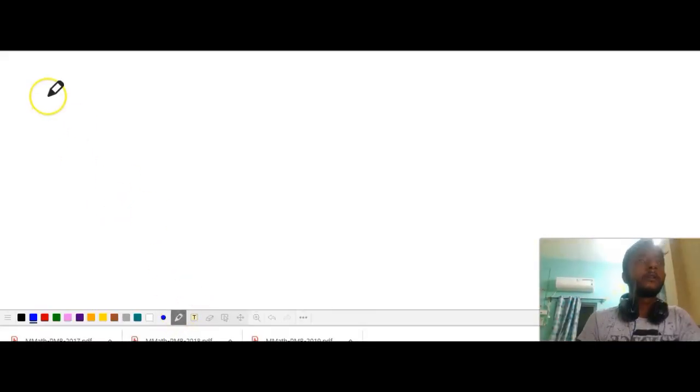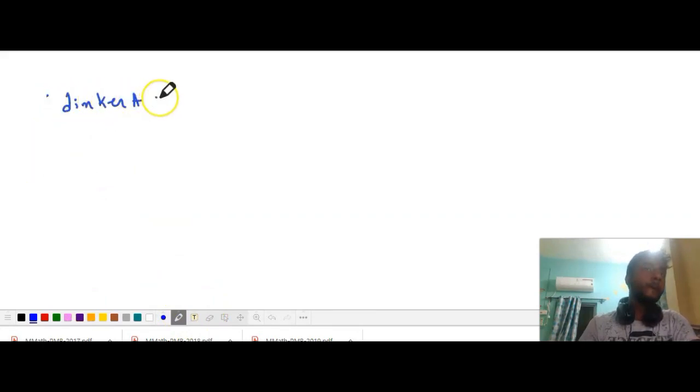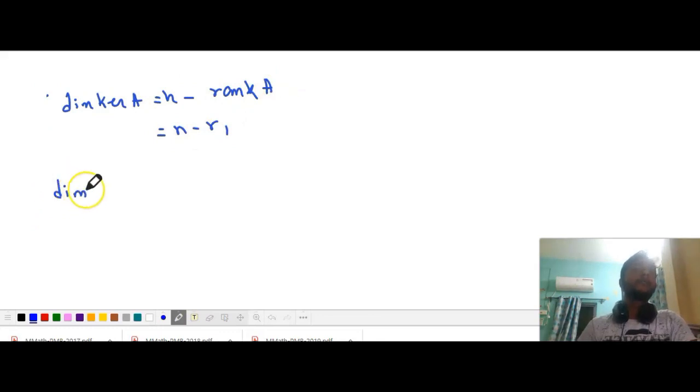So dimension of kernel of A, by using the rank nullity theorem, we can conclude that dimension of kernel of A equal to n minus rank of A. Now rank of A is R1, so it is n minus R1, and dimension of kernel of B is equal to n minus rank of B, which is n minus R2, right?